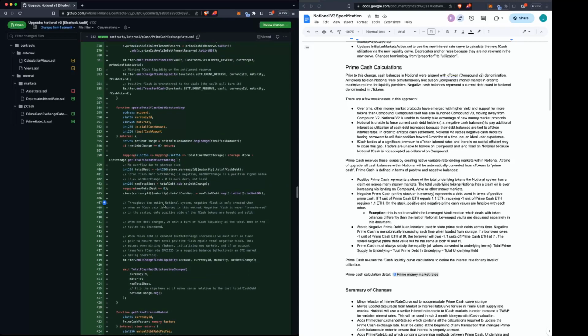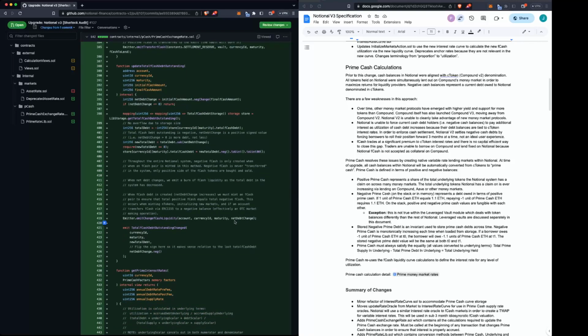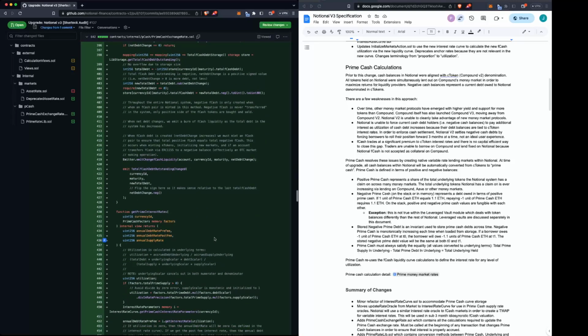And every time Fcash balances change in the system, we need to come in here and determine whether or not the total debt outstanding has changed and update a figure for every currency in maturity. So this is really important. This is what enables us to settle all of the Fcash in the entire system at maturity without having to loop through all the individual accounts.